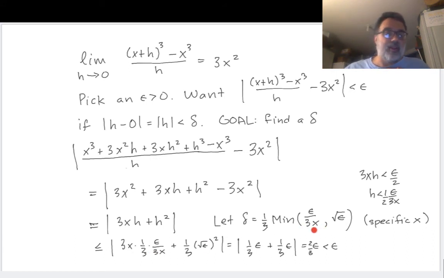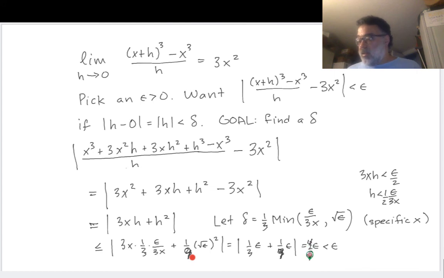And what I realized I did wrong here was that the 1/3 should actually be 1/9, because we squared it. This makes it messier than it had to be.